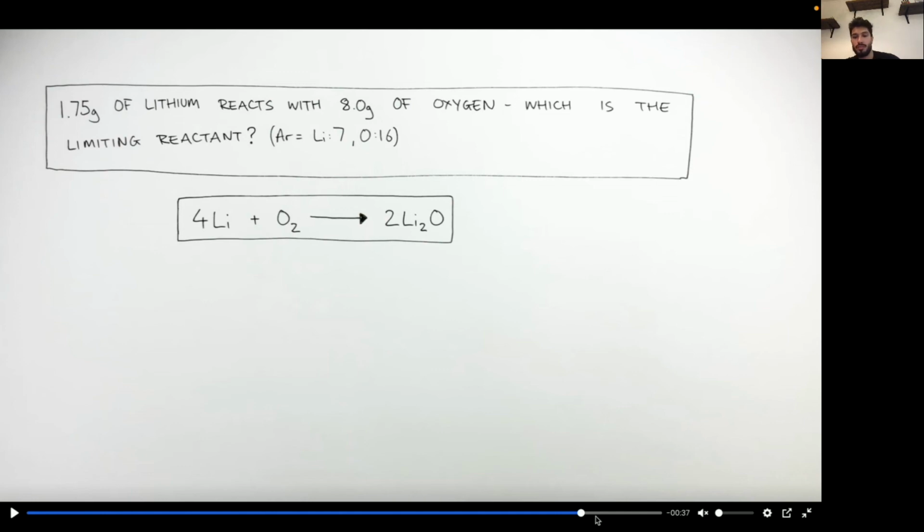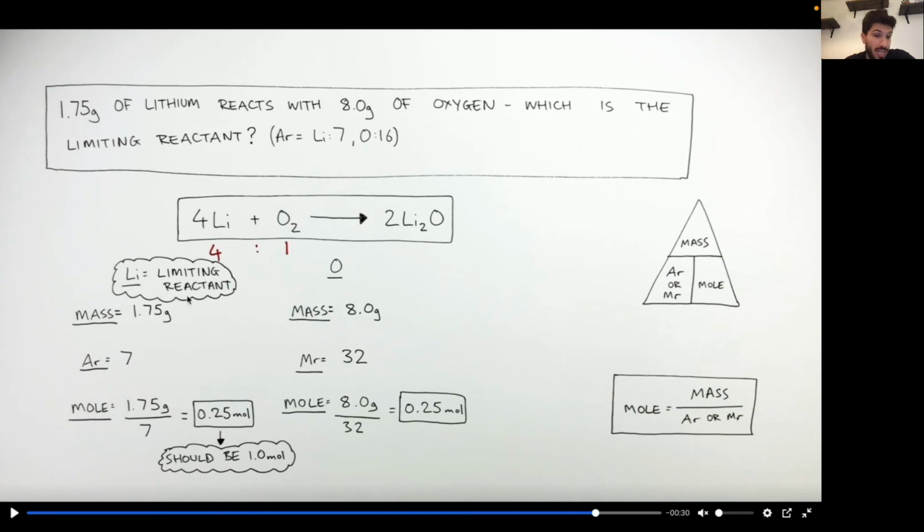Okay, let's go through this. We've been told lithium is the limiting reactant. How do we get there? Mass, Ar, mole; mass, Mr, mole. 1.75 grams of lithium, and the Ar is 7. When we calculate the moles, 0.25 moles. For oxygen there is also 0.25 moles, based on 8 grams divided by 32.